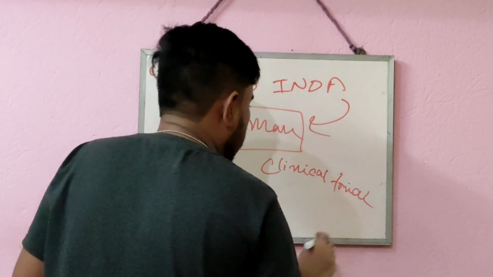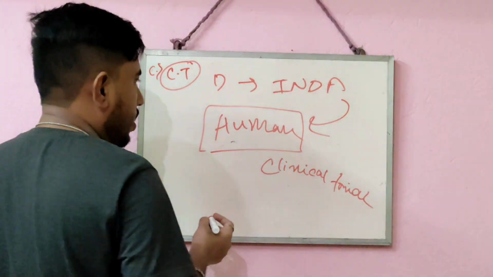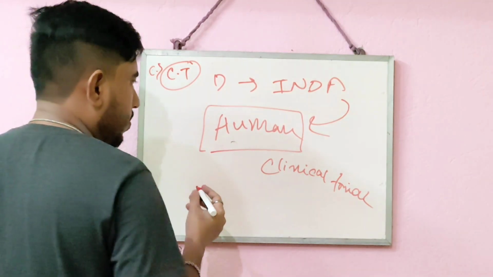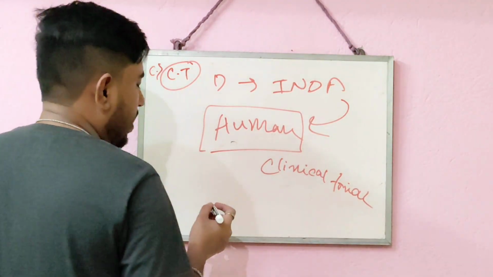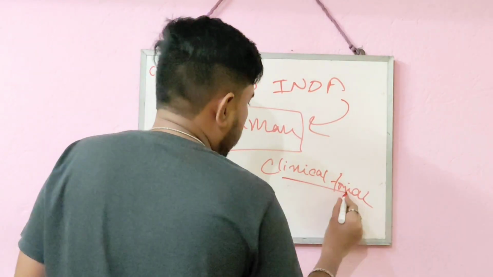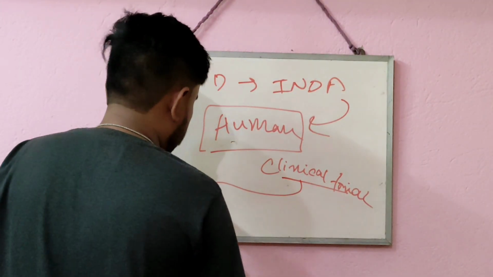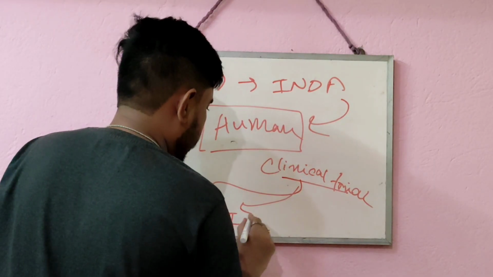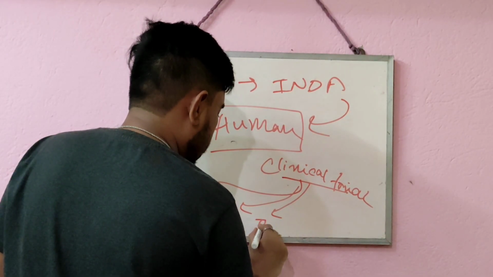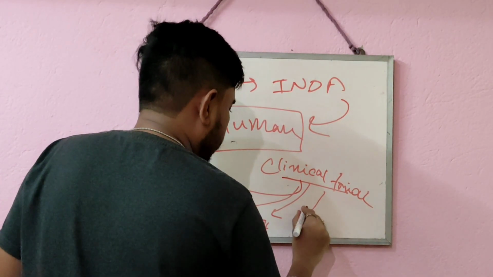Now, according to the number of human volunteers and the specific reason for the drug testing, clinical trials have four phases. One is phase 1, phase 2, phase 3, and phase 4.